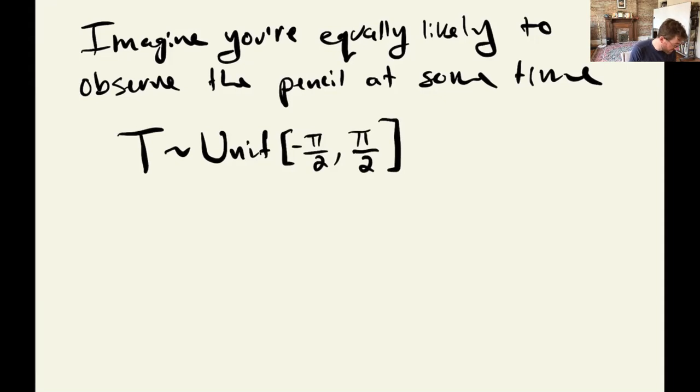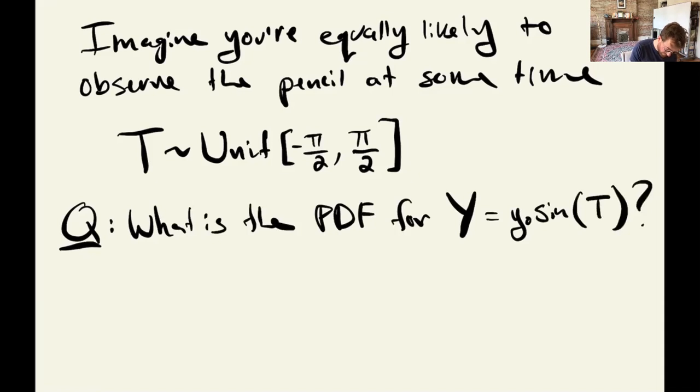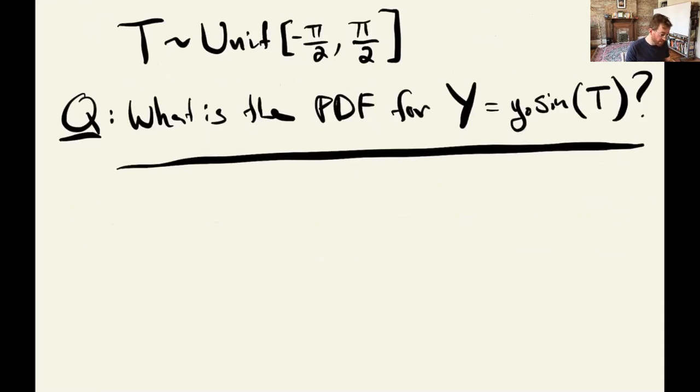All right. So now the question is, what is the PDF for y, which is this function y0 sine of capital T. So I'm going to go ahead and just use a formula instead of going through the CDF trick.